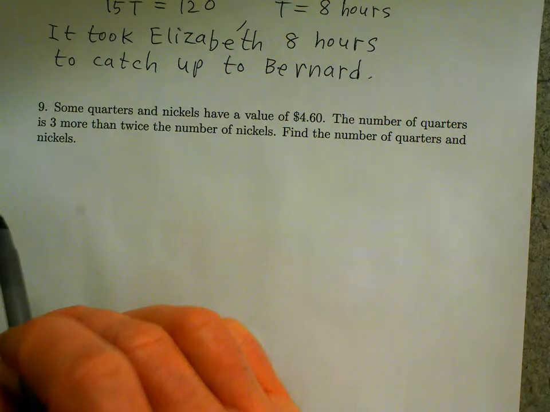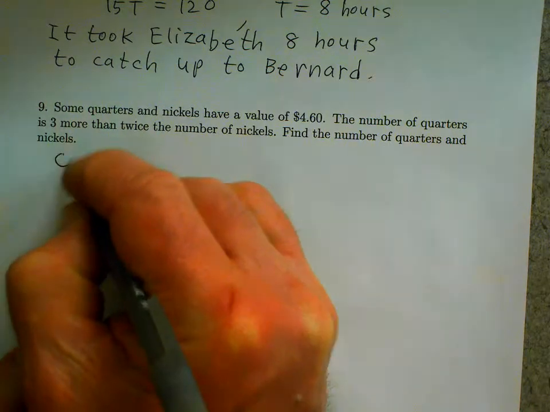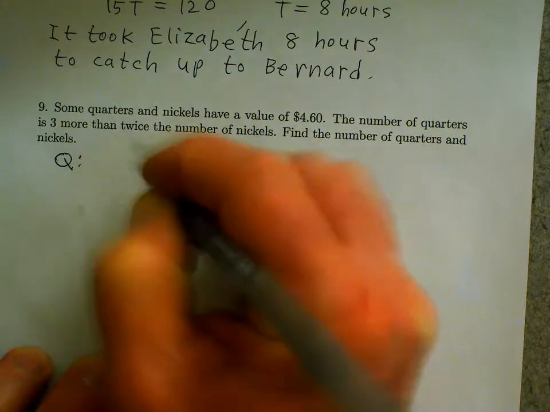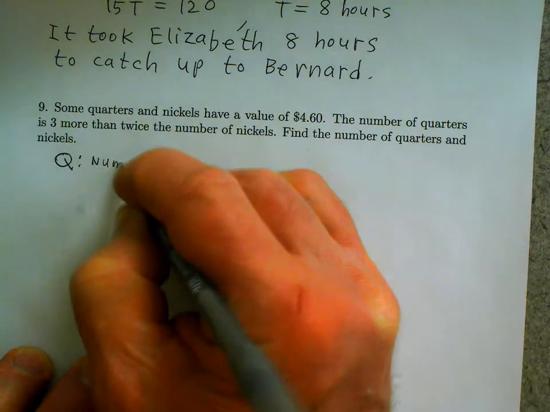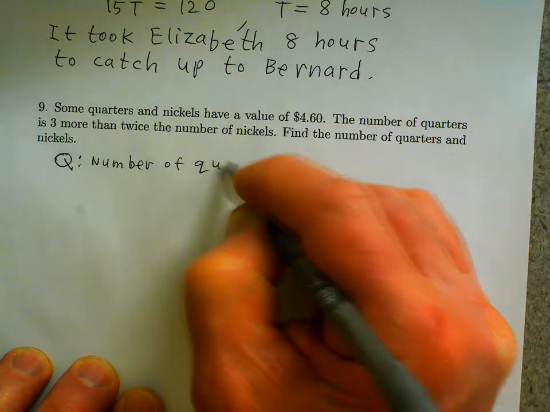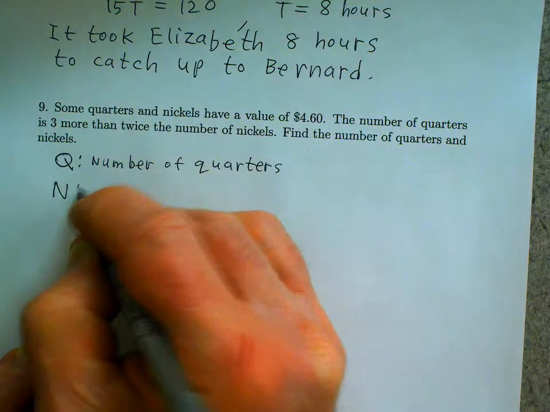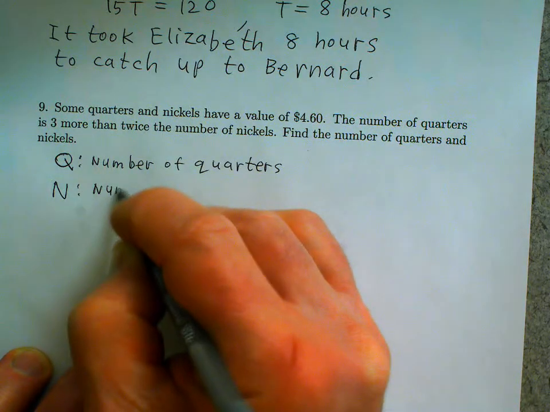So assign variables to represent the number of quarters and nickels. I'll use capital Q for the number of quarters and capital N for the number of nickels.